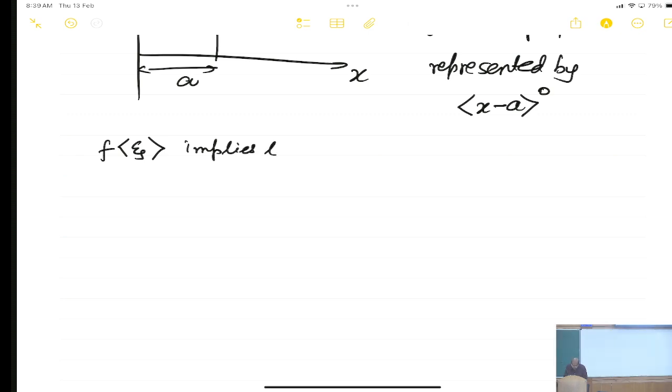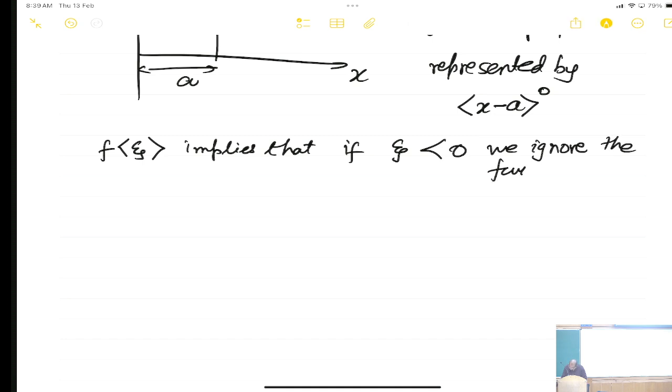implies that if zeta is less than 0, then we ignore the function, or f of zeta is equal to 0.